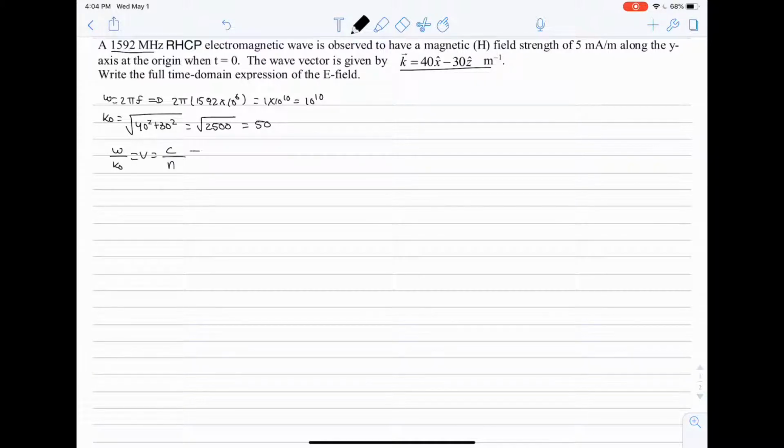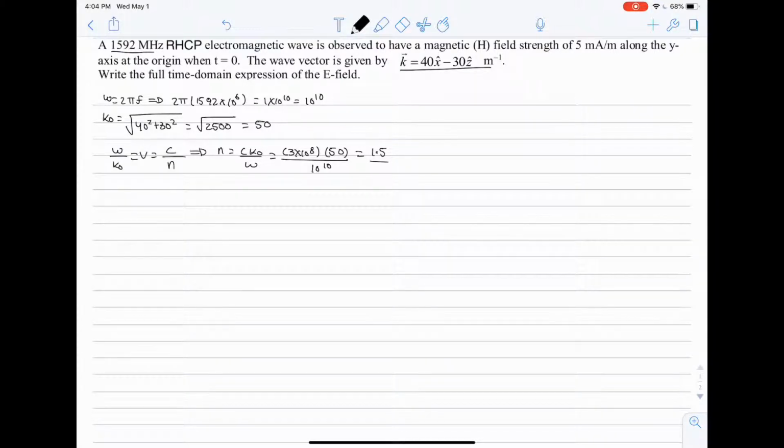Manipulating the equation, we get n equals c times K naught over omega, which is 3 times 10 to the 8, the speed of light, times K naught, which is 50, over omega, which is 10 to the power of 10, which gives us 1.5. And since this is not equal to 1, we know that the wave is not traveling in air.